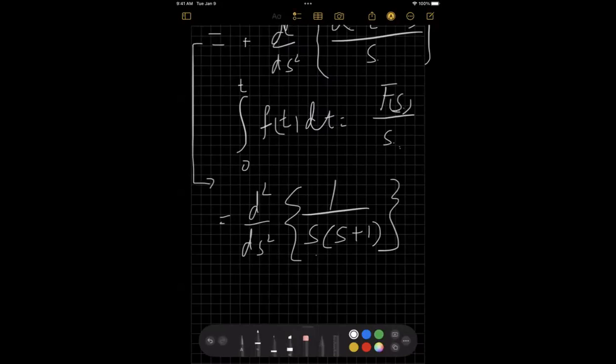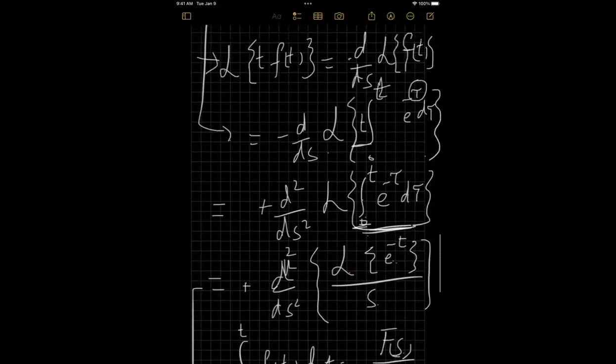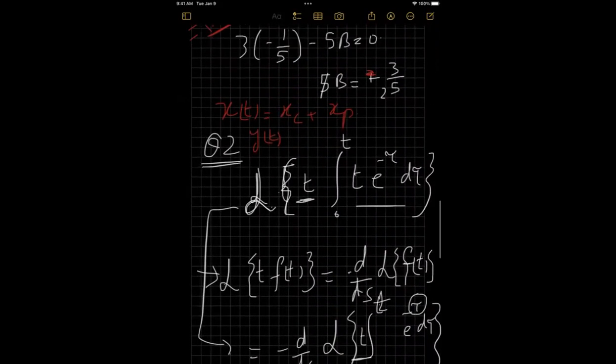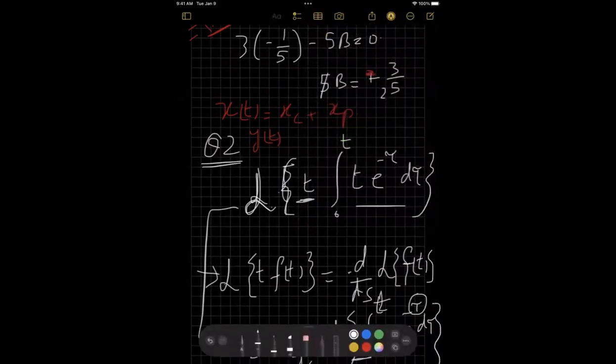I have a question. What happened to the integration again? So this integral we had here, we went from the integration to dividing by s, which is why I'm confused.